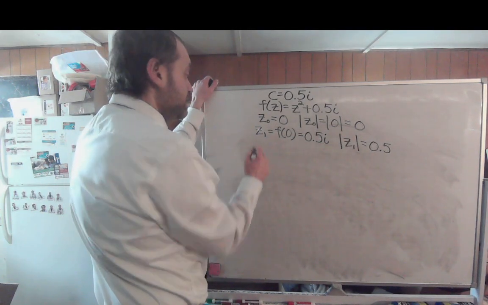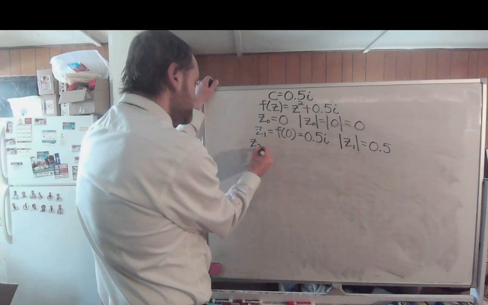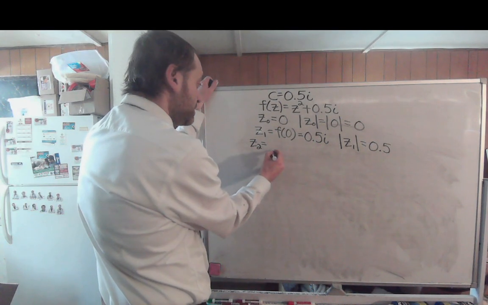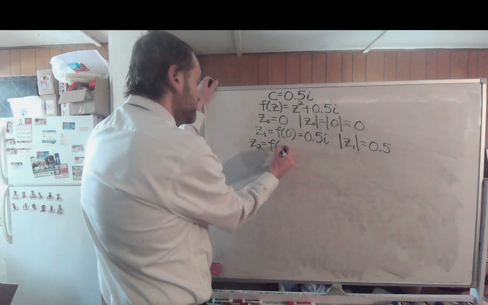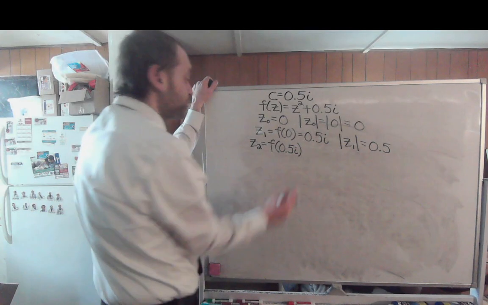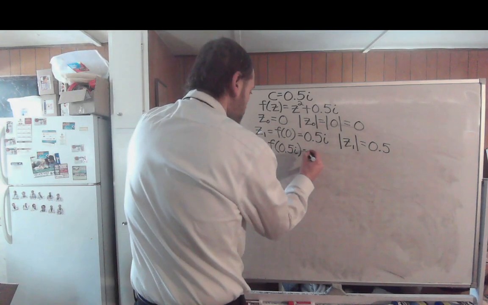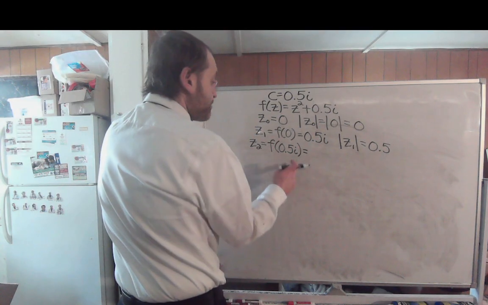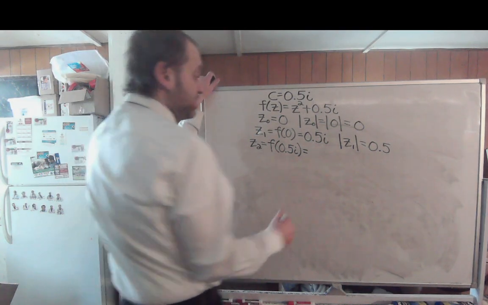Now, z sub 2, of course, is equal to f of z sub 1. That would equal f of 0.5i, which would mean, why don't we turn that 0.5 into a fraction?